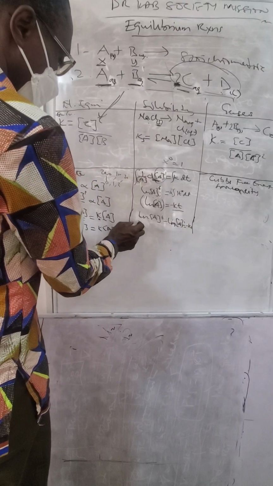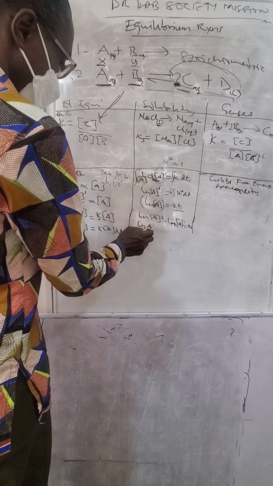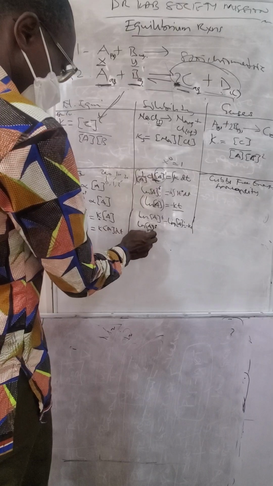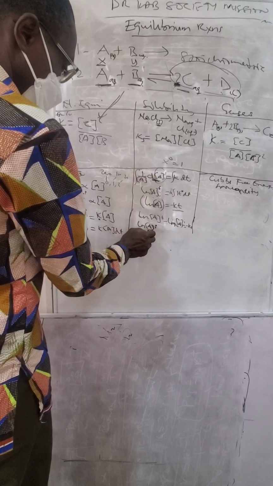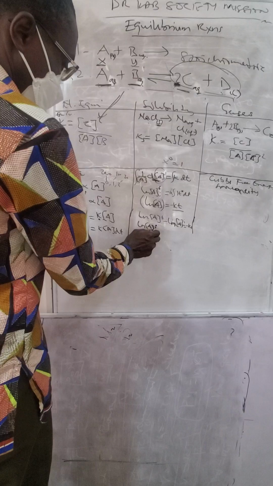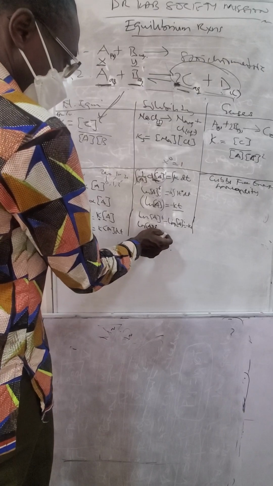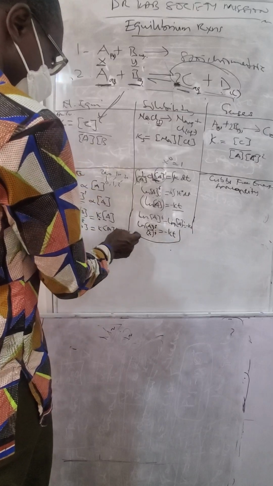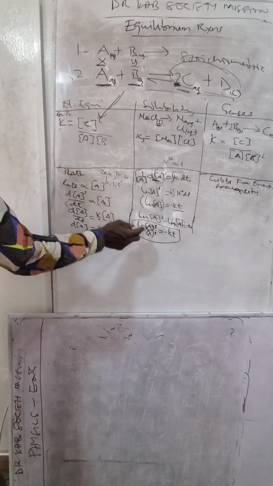This is minus, so it can be written as ln of A final over A initial is equal to what? Minus kt. Okay, so this can be an expression for first order.